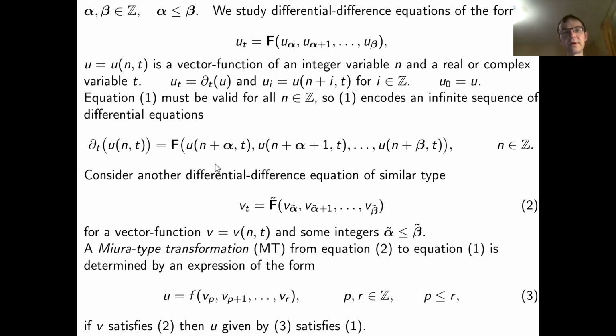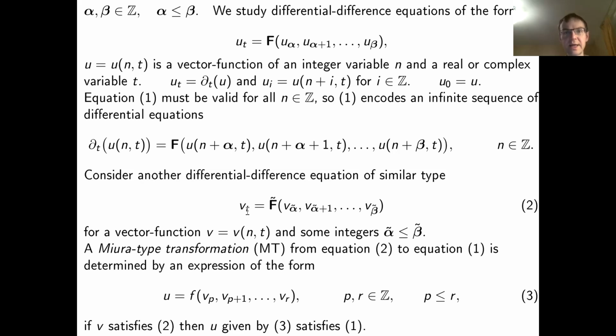So for each n we have this function u of n and t, which is a function of one variable t for a fixed value of n. So this becomes an ordinary differential equation. So we have an infinite collection of ordinary differential equations for an infinite number of unknown functions.